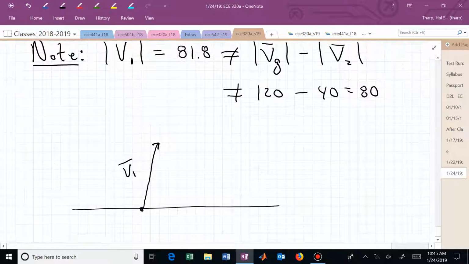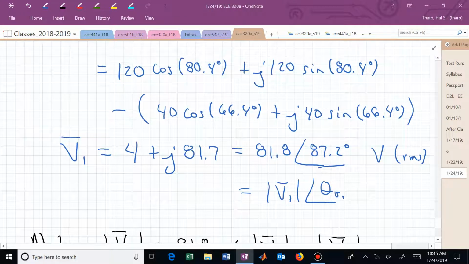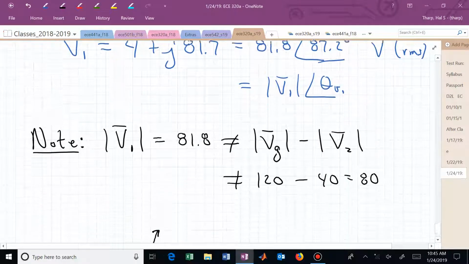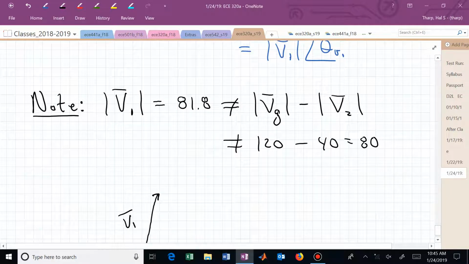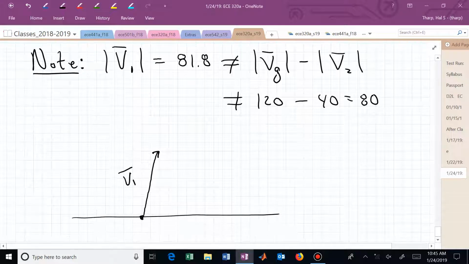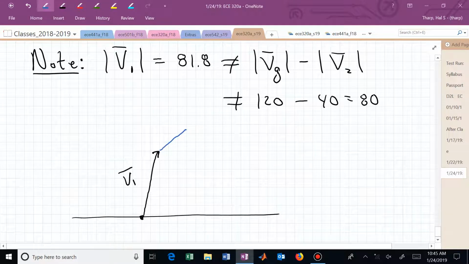So let's add V2 to that, and V2 was this length of 40 at an angle of 66.4. Let me use a different color for that. So now V sub 2 is going off like this at about half the length of V sub 1, and that combination is our V sub g.